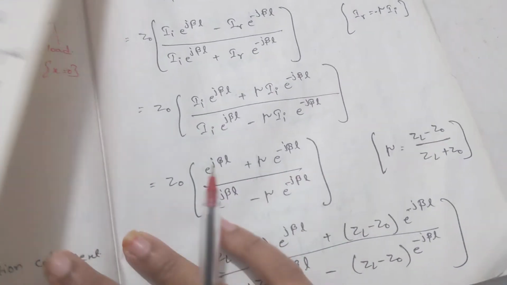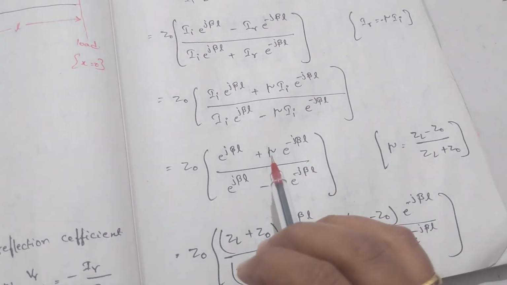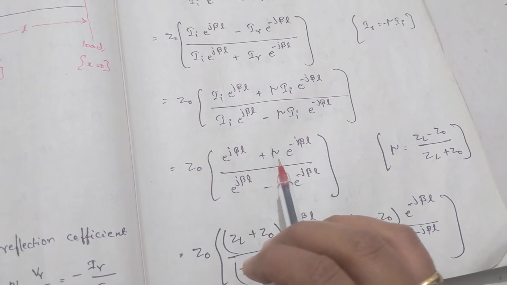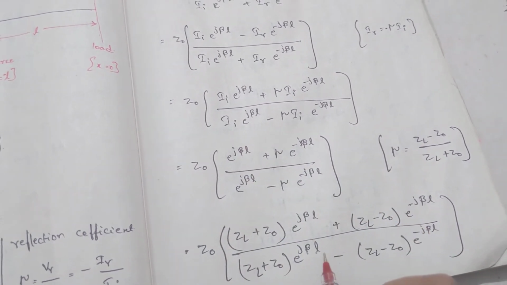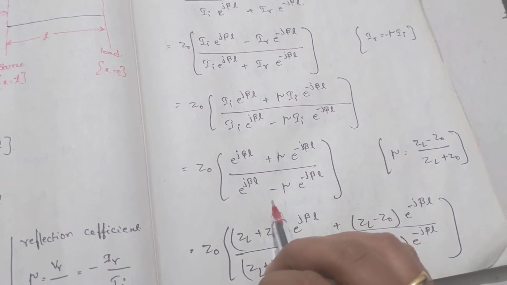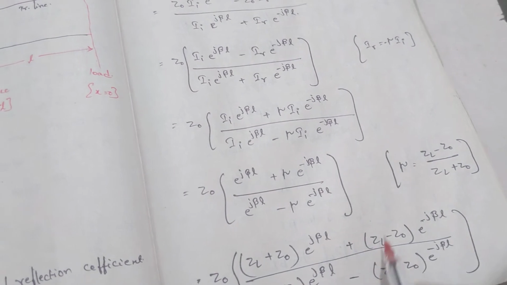When you replace this, the denominator is ZL plus Z0; cross multiply and take a common denominator. This denominator and that denominator will be cancelled, so the leftover expression is here.